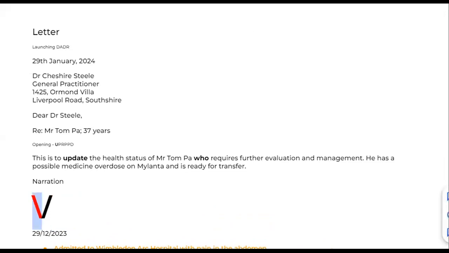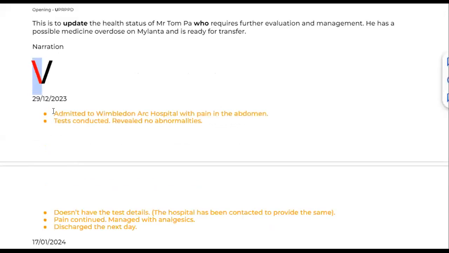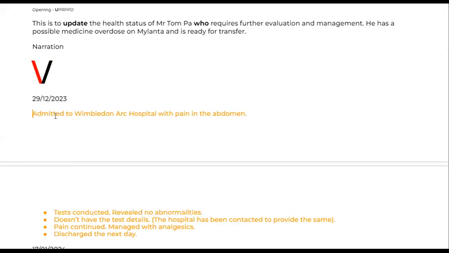This is the V model. In the V model, you will be writing this one. As it is already known to you, Mr. Ha was admitted to. So this is Wimbledon Arc Hospital where you are working. Admitted. So we don't have to mention this one.